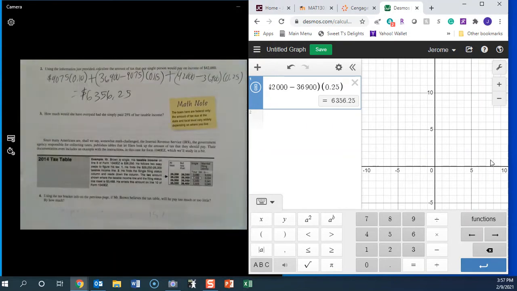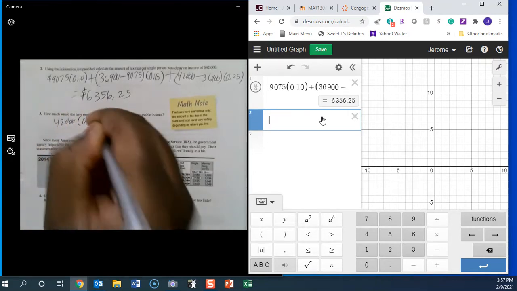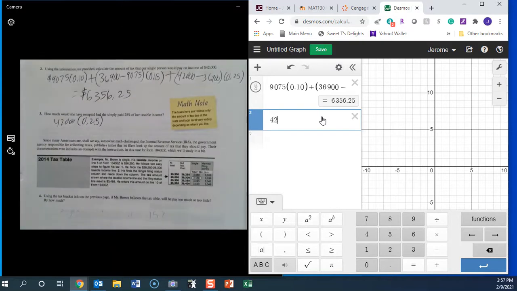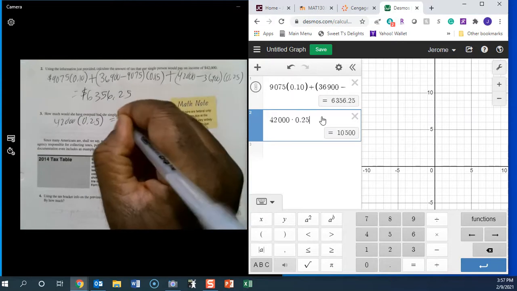Now they ask us another question. How much would she have overpaid had she simply paid 25% of her taxable income? So basically it's saying if she would have taken 42,000 and multiplied it by 0.25, that would have given us $10,500 that she would have paid.